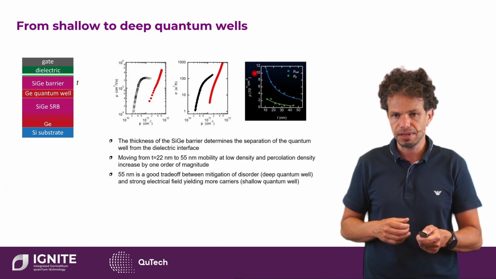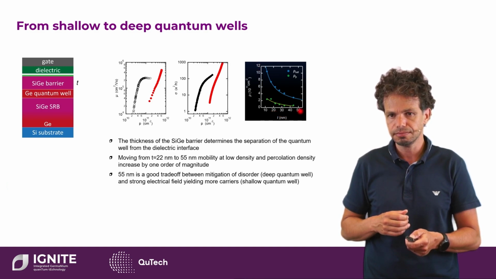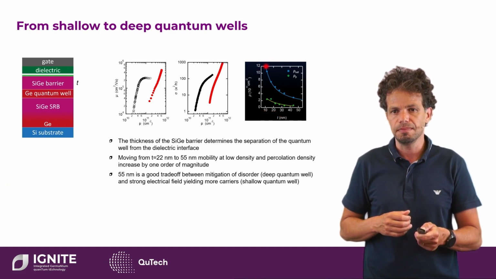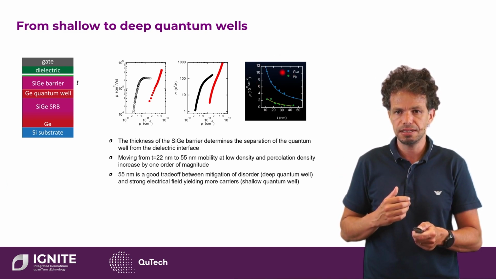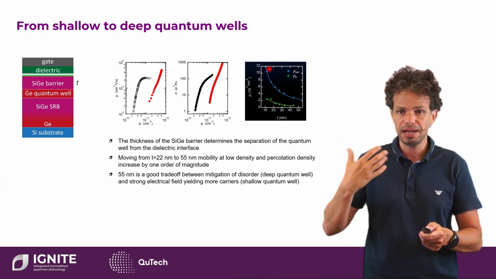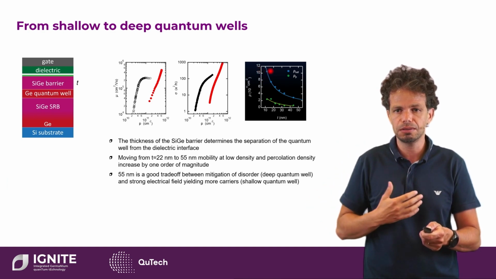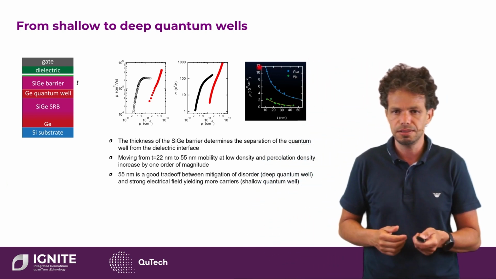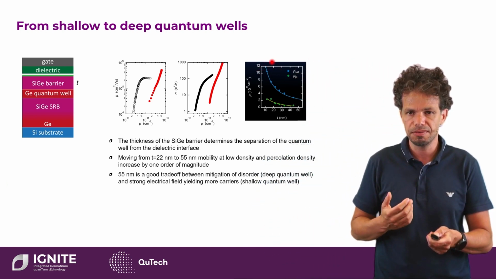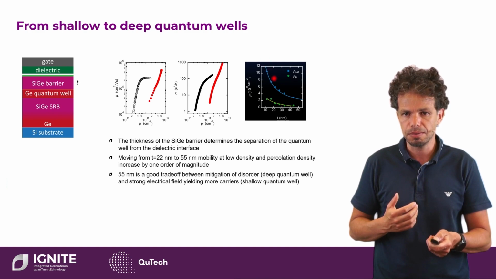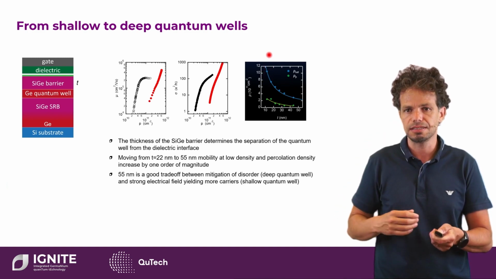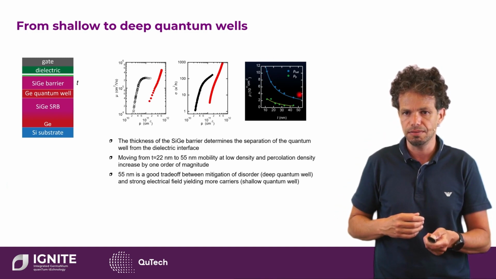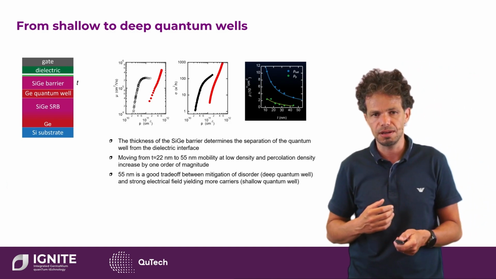Also plotted here as a function of the thickness of the barrier is what we call the saturation density in blue, which is the maximum amount of carriers that you can put in the quantum well, which is an indication of the electric field the quantum well can take. As you see here, what I was mentioning before, the deeper the quantum well, the lower the density of charge carriers that you can put in.